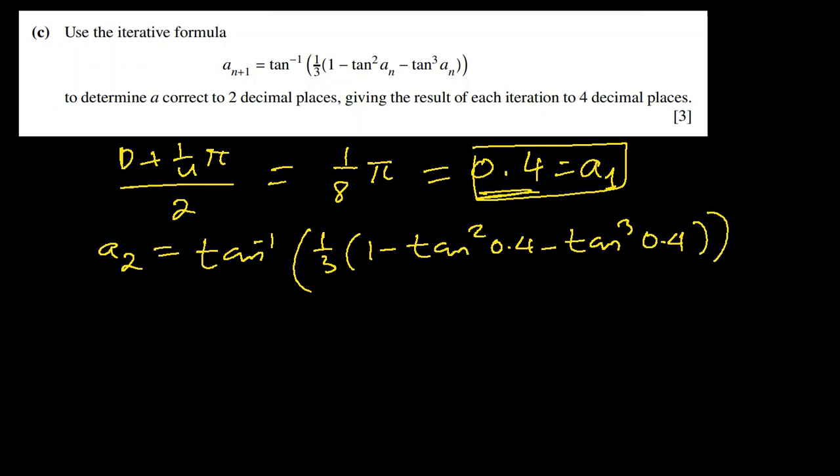And they want it to 4 decimal places, so I got it as 0.2436. Now A3 will be the same with the angle 0.2436 now, and we will repeat this until we get a specific result, and that's what I will talk about in completing this process.